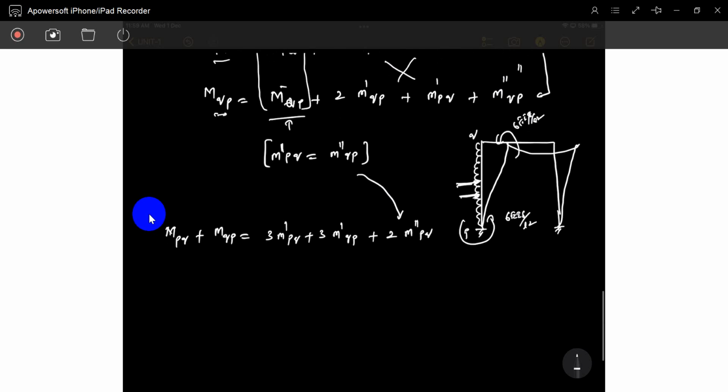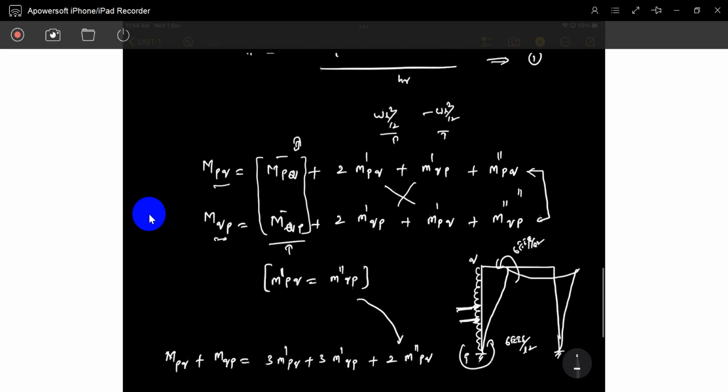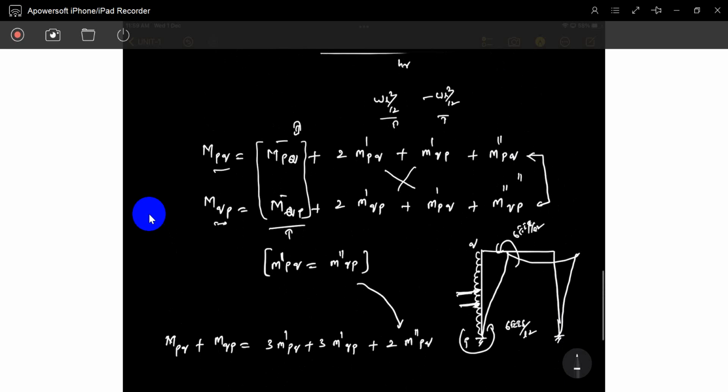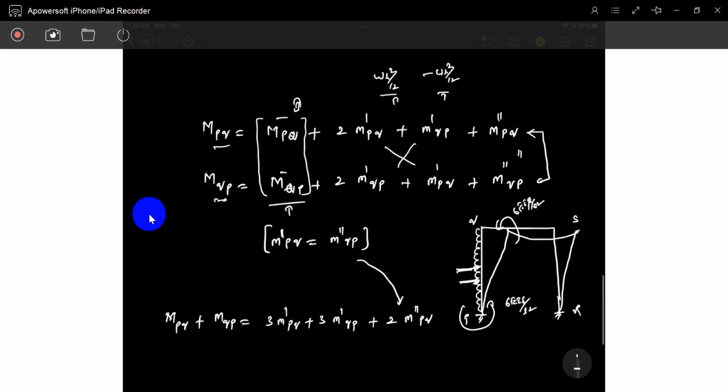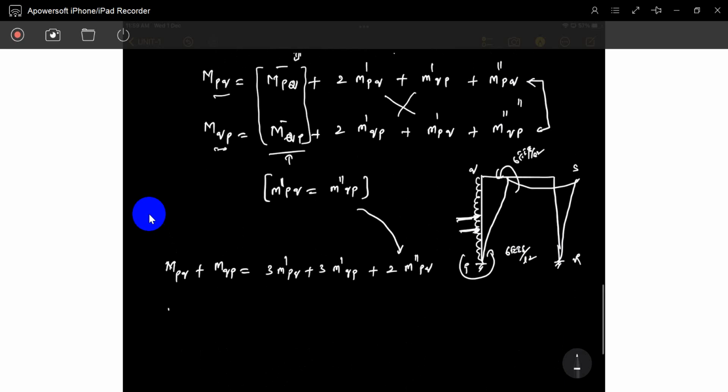Now you can see. For PQ and QP, we write it. For the PQ column, next the RS column. For the RS column, what will happen? M small rs and SR. Same: 3 rs, 3 SR, 2 double dash rs.